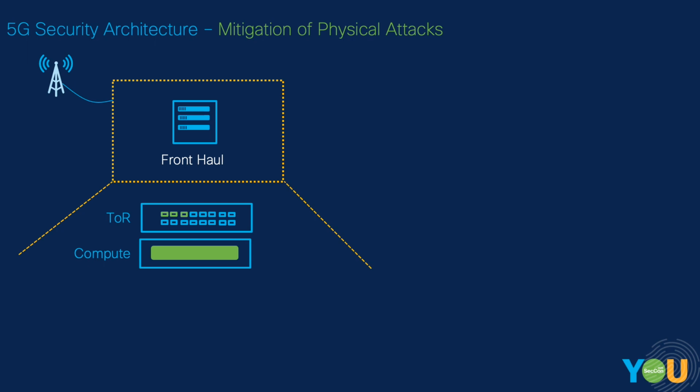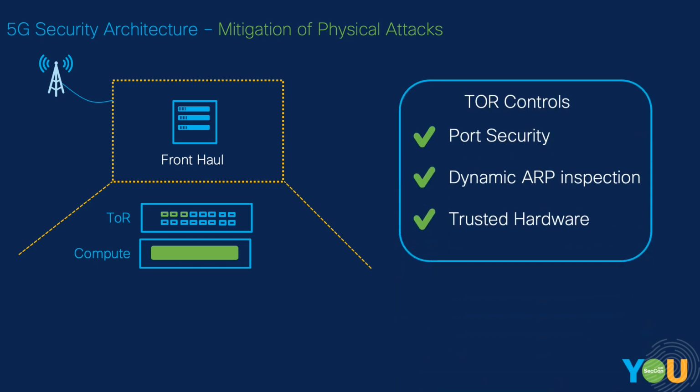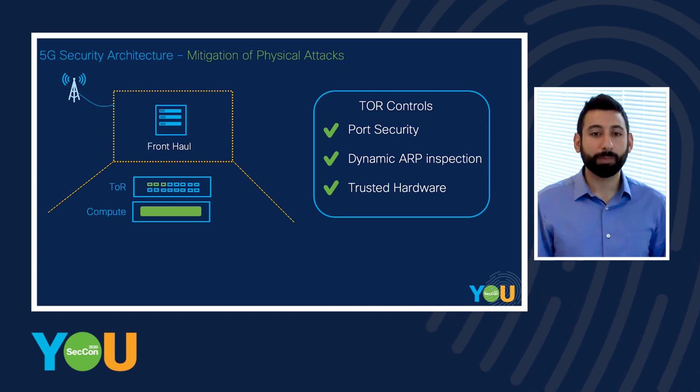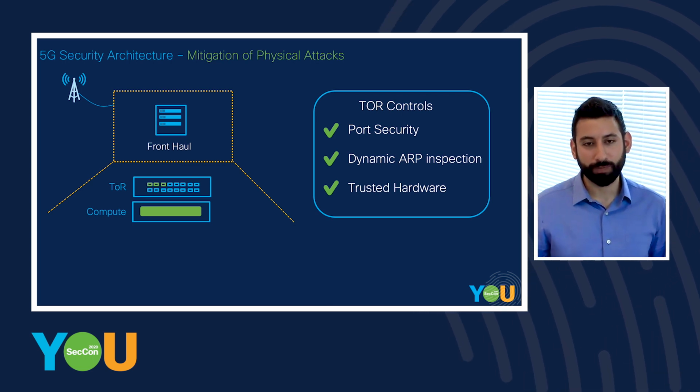Let's say you're an end-to-end virtualized service provider, you might have virtual workloads on that compute. Now, we've had security in our networks for decades, at least on our switches, which is a very simple control: port security, dynamic inspection, and trusted hardware. But the important thing to remember here is that you have tens of thousands of these devices.